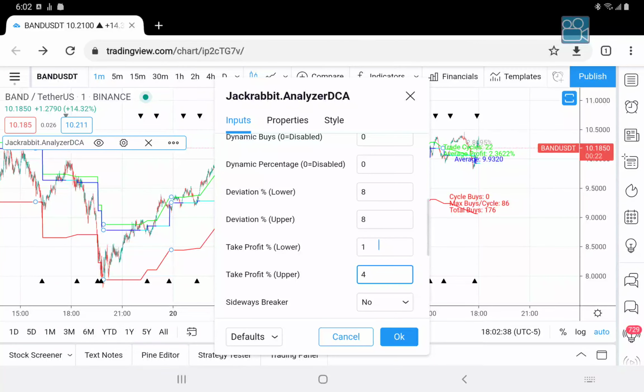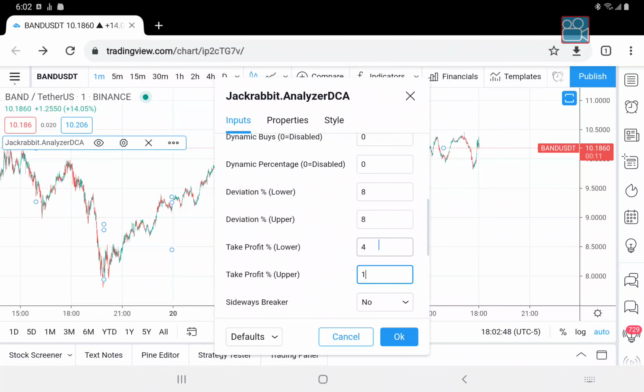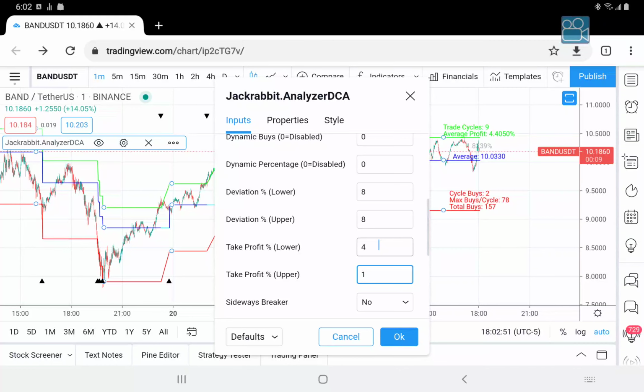You can also do it backwards, where if your first purchase goes into a sell point, it has to give you a 4%. But as you accumulate, the more you accumulate, the lower the profit goes. So that if you have 100 positions, you're liable to only take profit at 1%. So you can fluctuate either way.